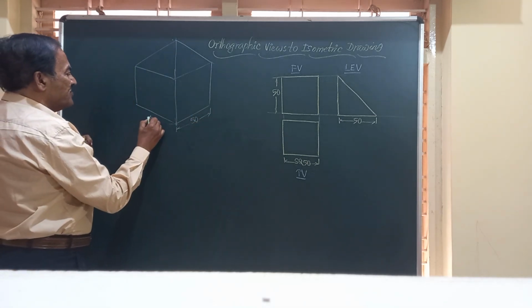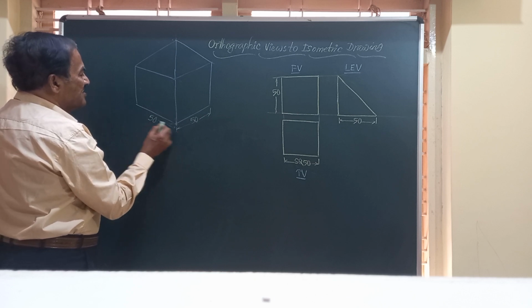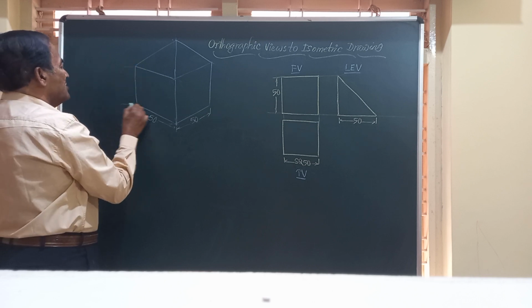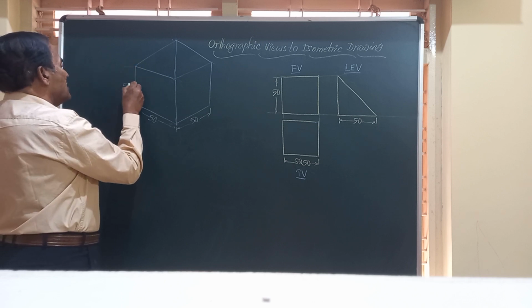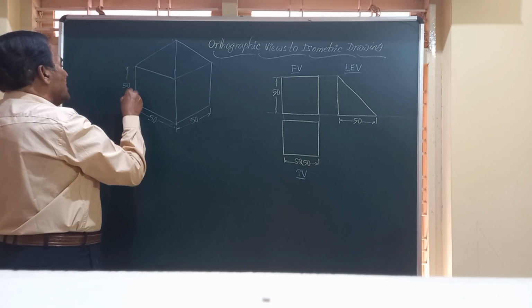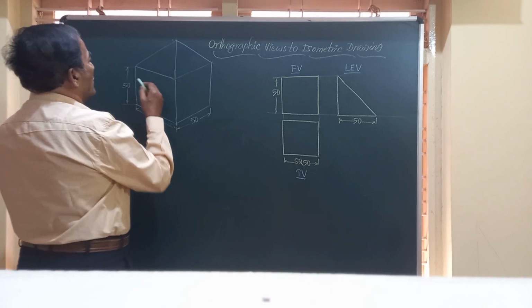So this is 50 and this is also 50, that is the width is 50 and the height is also 50. So we are going to mark a cube in isometric drawing.